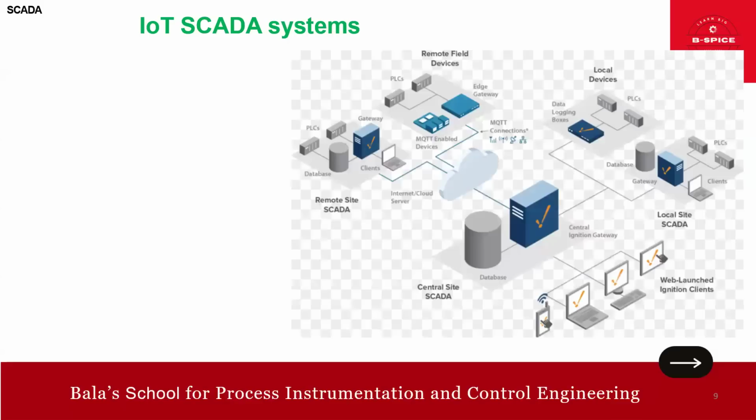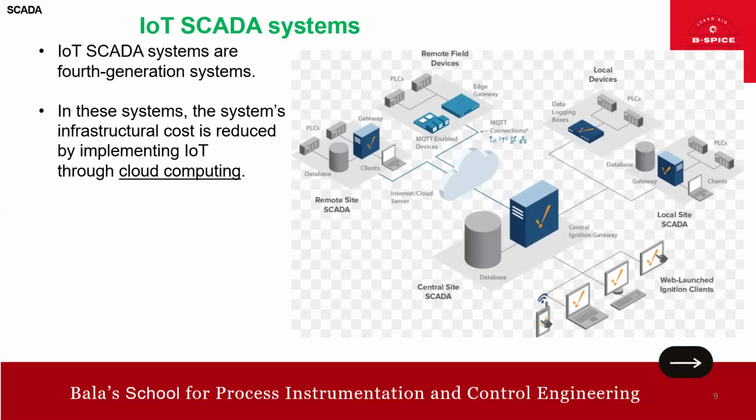Then the latest one, IoT. See, this is simple, friends. Simple in the sense it's all cloud-based. As you can see here, these are the web launched clients, and you have a remote site, you have a central site. All these are connected via this internal cloud server. So this is the fourth generation.